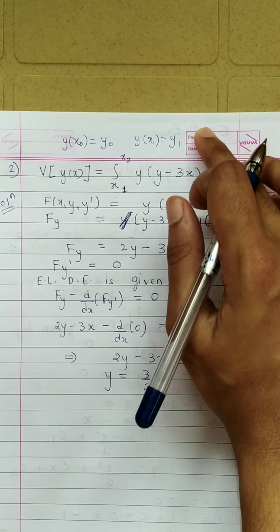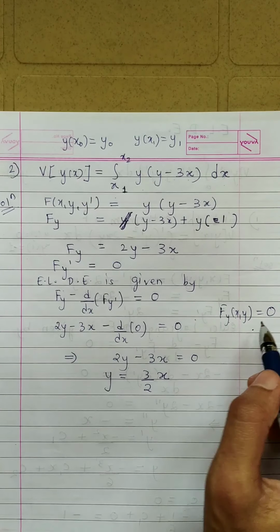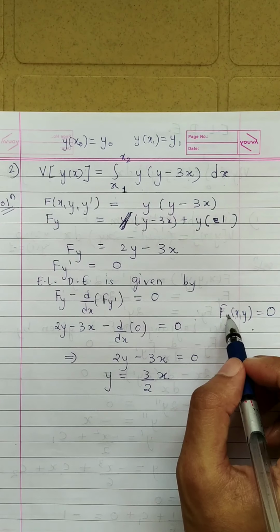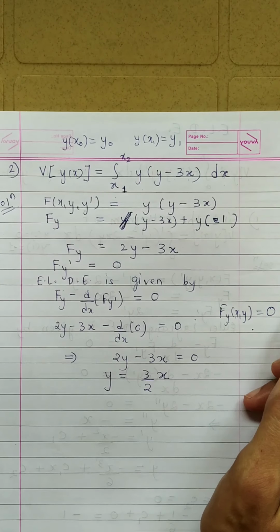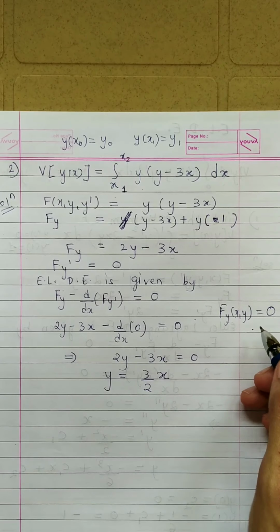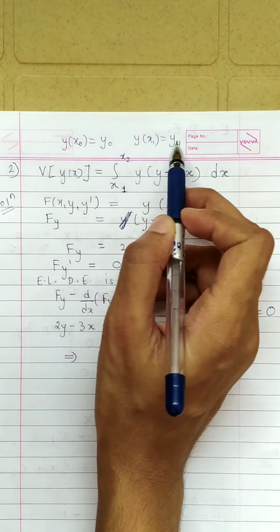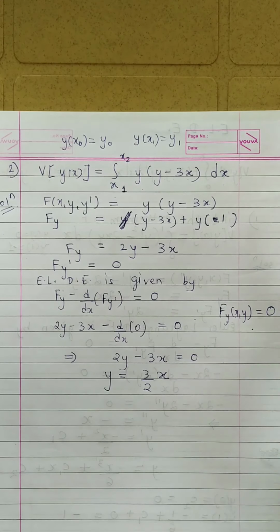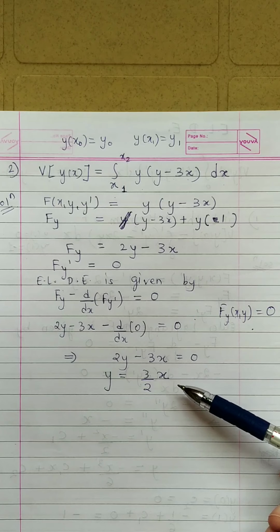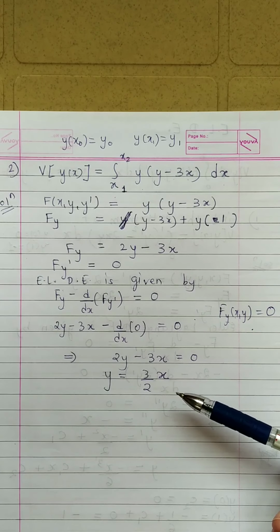And when will that happen? If this curve, whatever is this f y of x, y equal to 0, passes through these points, then only we will say that it satisfies the boundary conditions, and hence the functional attains the extremum. That means extremum can be attained by the functional. But otherwise in general it will not satisfy the boundary conditions, and therefore the functional does not have any extremum.